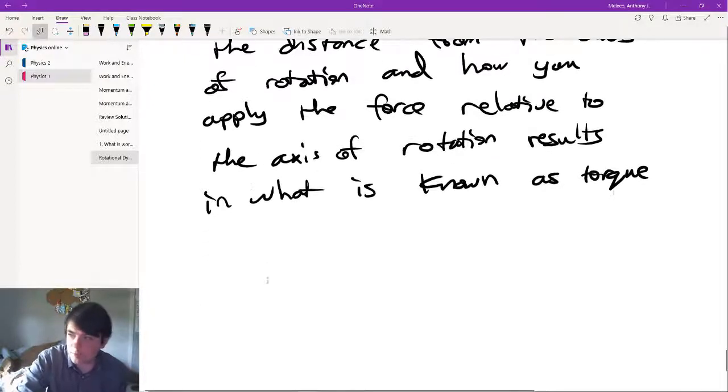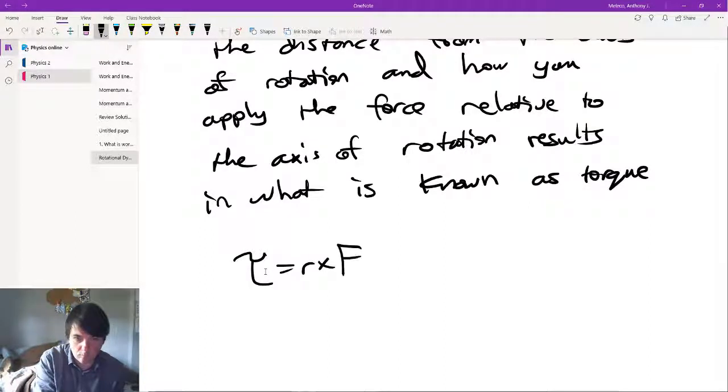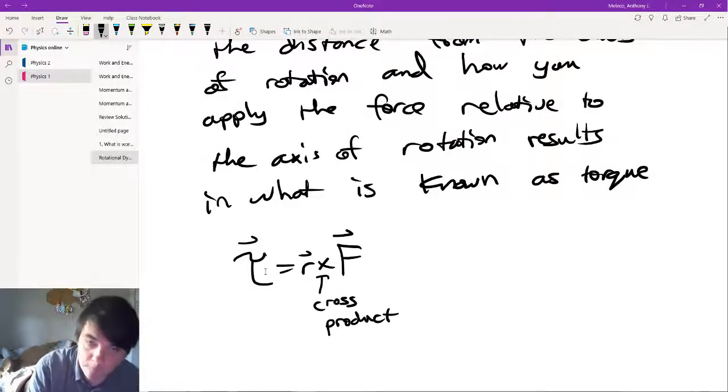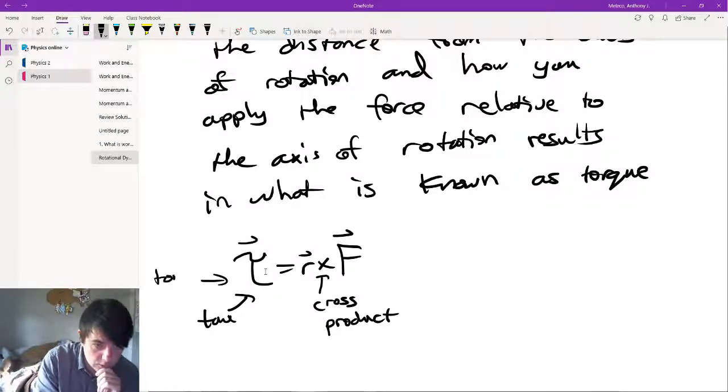Okay, so let's look at this. Here's the equation. This is what's known as a cross product. We've dealt with a dot product before, but this is a cross product, and here's torque. It uses tau, and this is torque.